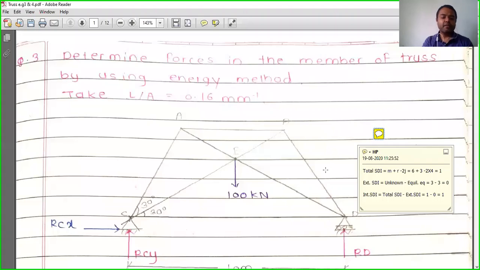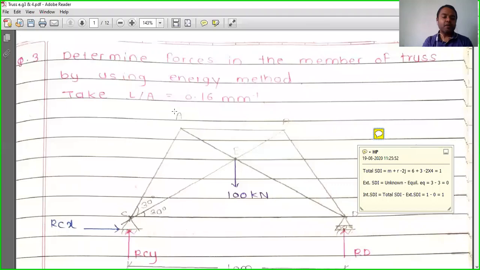Here we know that the given structure is internally indeterminate. What it means is that because of the provision of one extra member, this structure has become internally indeterminate. So you can remove any member from this structure so that the given structure will be a determinate type of structure.